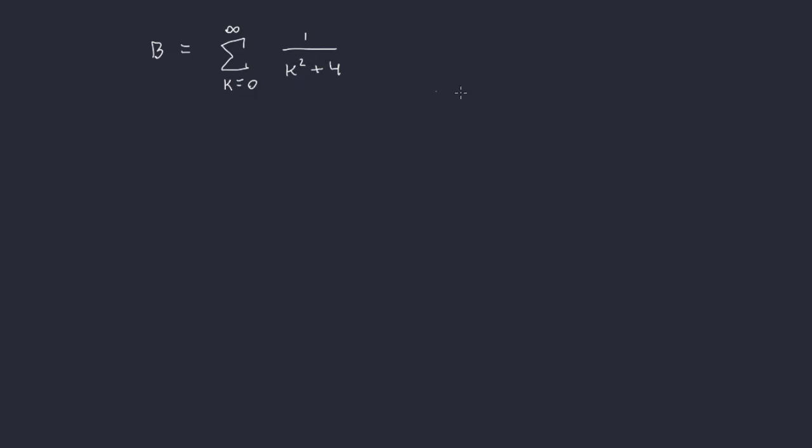The function itself will be continuous on the domain, and it should be decreasing as well, because as k increases, you're dividing by larger and larger numbers, and each step you have a smaller and smaller number. So this series, k going from 0 to infinity of 1 over k squared plus 4, satisfies all the conditions of the integral test. Okay, so we can use the integral test.